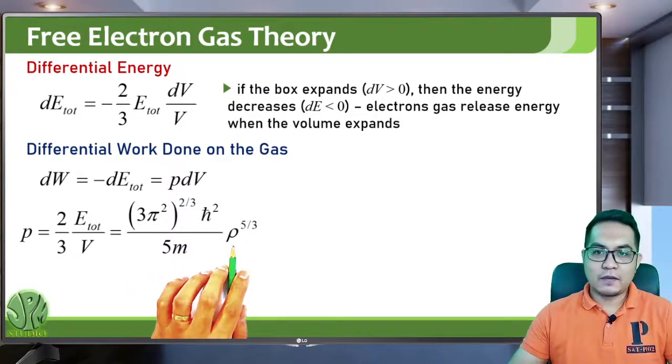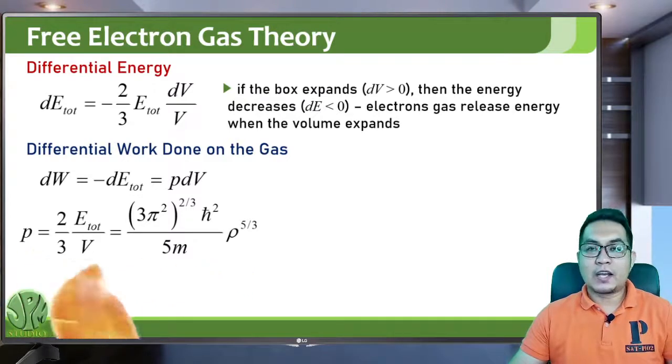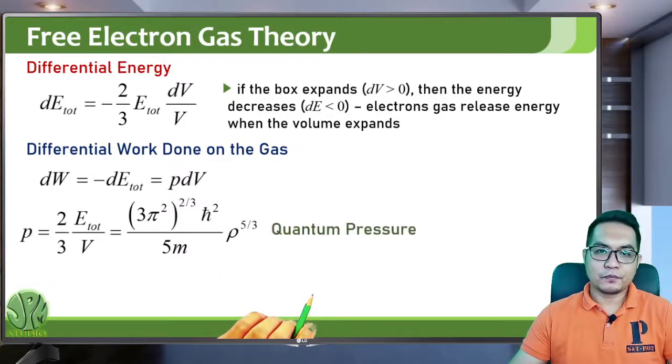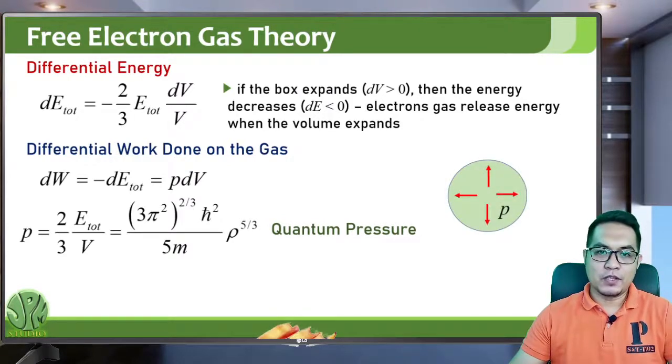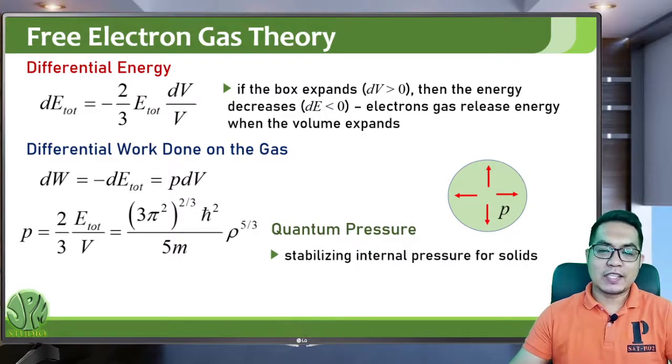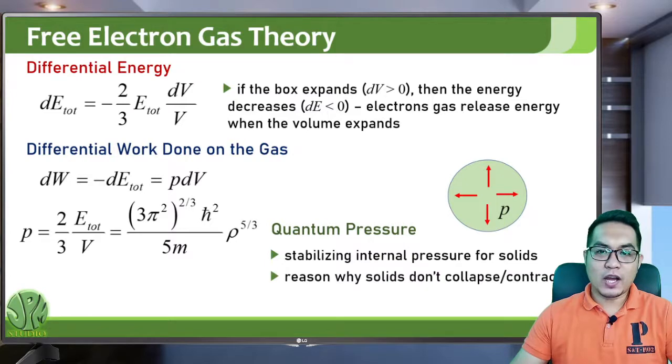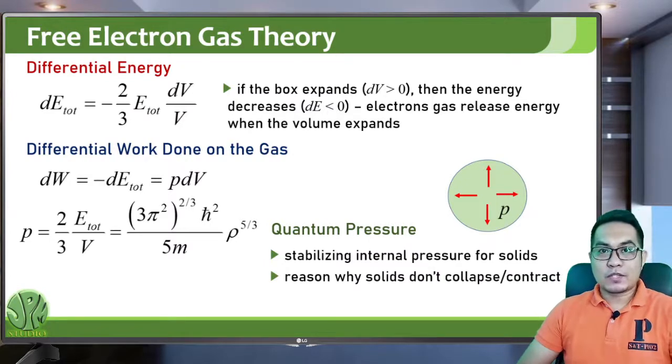The higher the free electron density, the higher the pressure. Usually we call this quantum pressure or degeneracy pressure. This is the stabilizing internal pressure for solids, and this is the reason why solids don't collapse or don't contract.